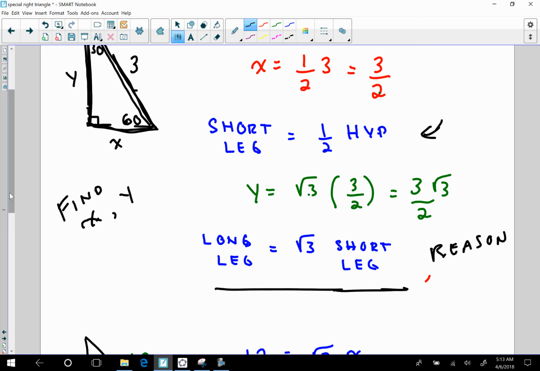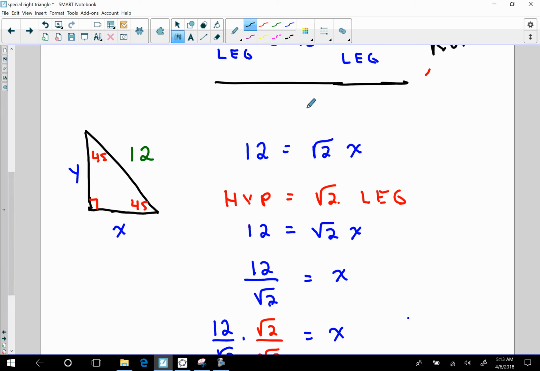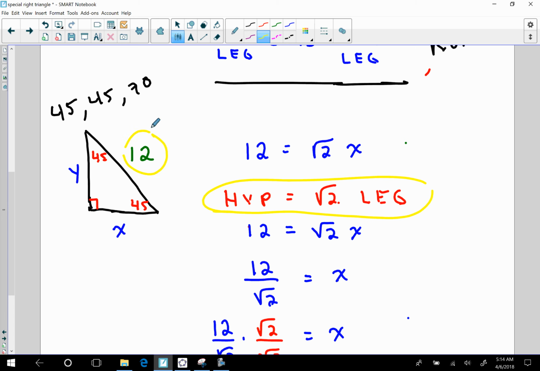And let's do a quick example of a 45, 45, 90 right triangle, where I know the hypotenuse is square root of 2 times the leg, and the legs are the same. I'm given that the hypotenuse is 12.